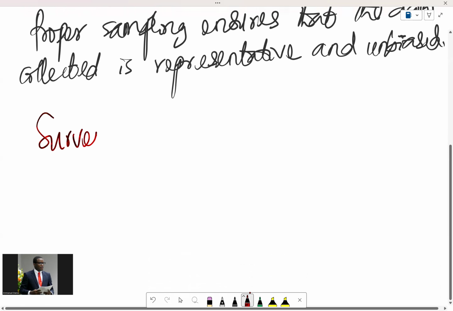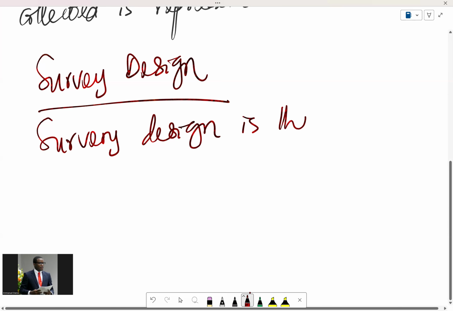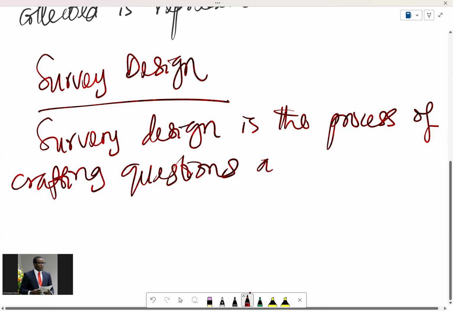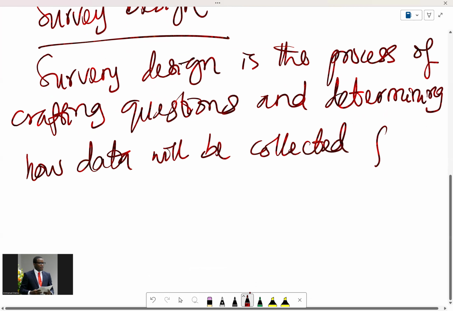So let's talk about survey design. Survey design is the process of crafting questions and determining how data will be collected from participants.